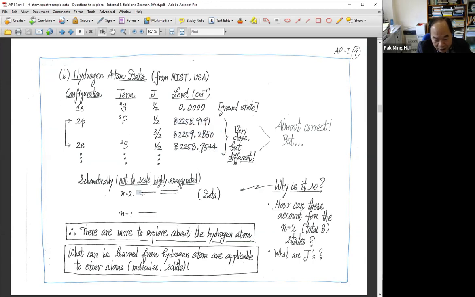So I draw it here, it's slightly higher. There's a P that's lower, slightly lower, but this is not to scale. What do I mean by that? Now this is 0, this is 82,000, and I'm off by 0.1, so I can't draw it out on this scale, but just to make the point, okay?